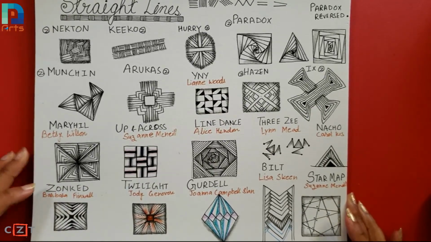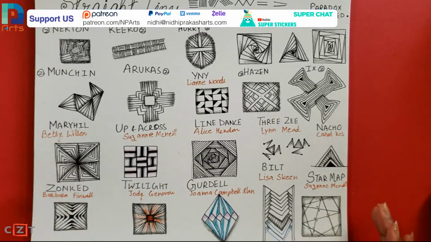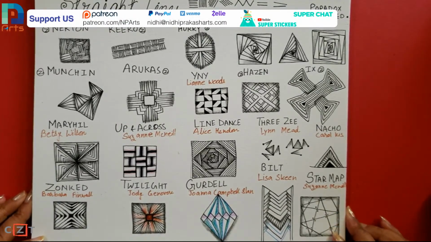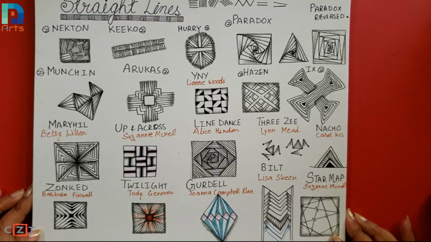And so we drew how many tangles? We drew total 20 tangles today, and there are a lot of variations of these tangles I have shown you. We can draw with these straight line tangles.